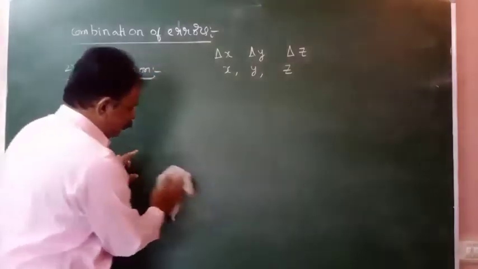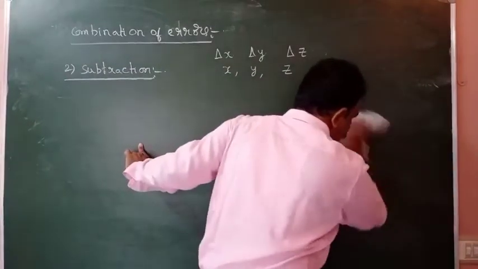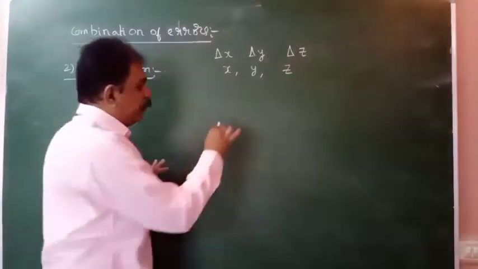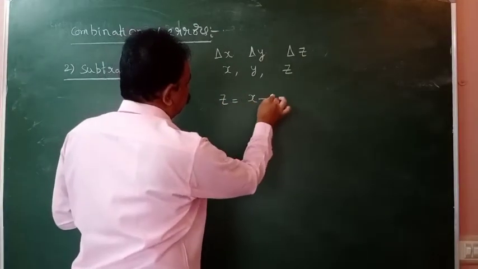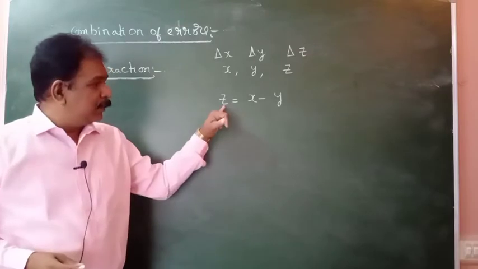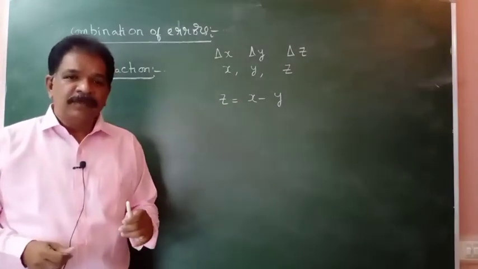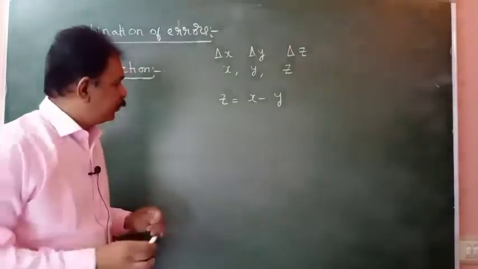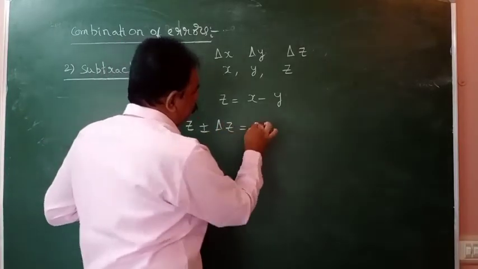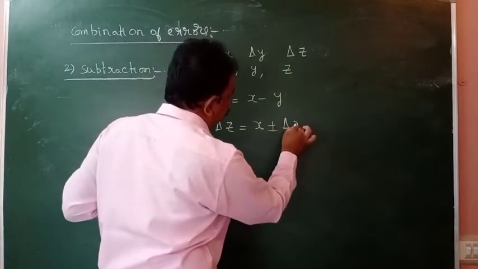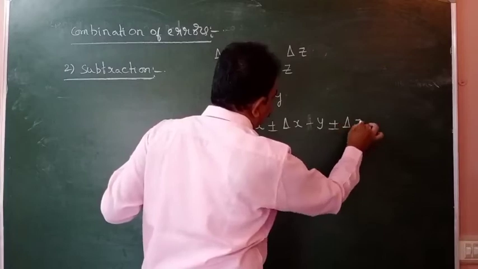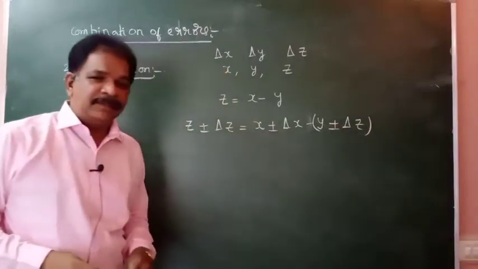Next, in subtraction, what do we have to do? Here also same. X, Y, Z are given and they defined Z is equal to X minus Y. Clear? What is the maximum possible error in the measurement of Z? So here Z plus or minus delta Z is equal to X plus or minus delta X minus Y plus or minus delta Y. We have to write like this.